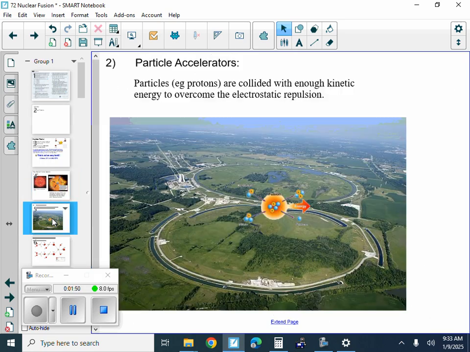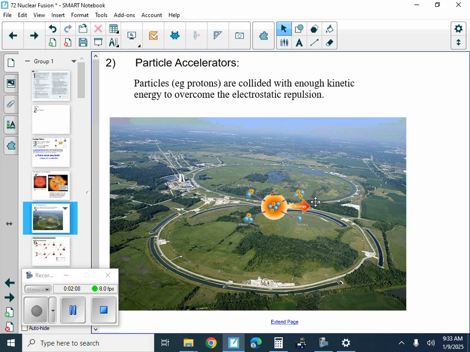Particle accelerators here on Earth can actually cause nuclear fusion to happen in very small amounts and very briefly. You collide particles such as a proton or whatever you're accelerating around this loop here, right?